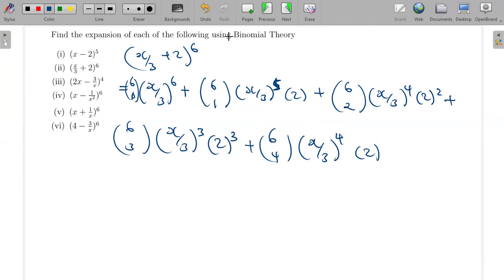So let me go back there. So yes, this here reduces to 2, and then you have 2 to the power of 4.